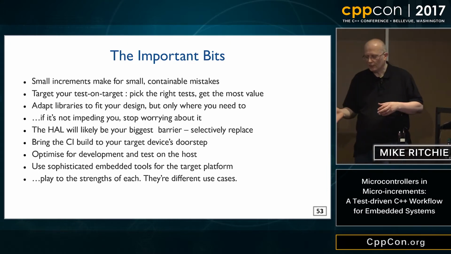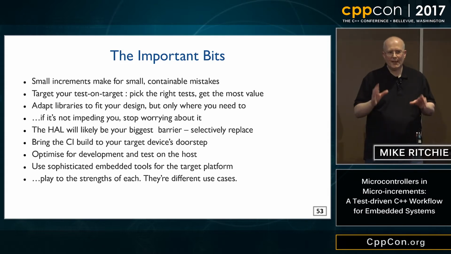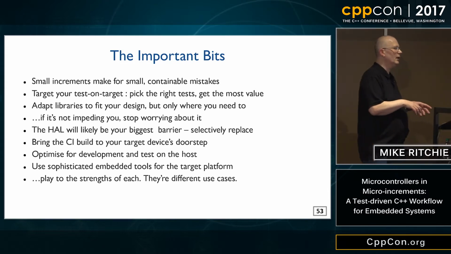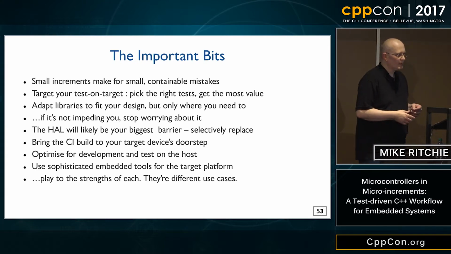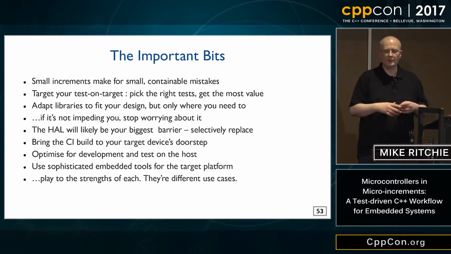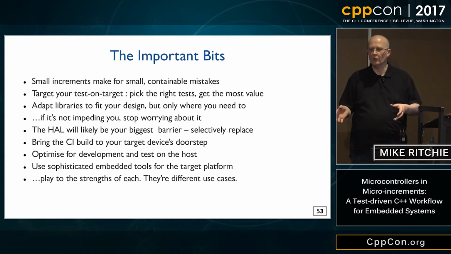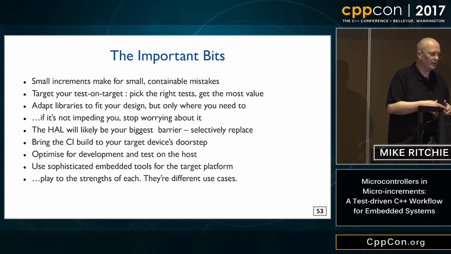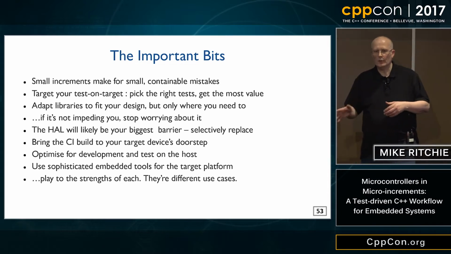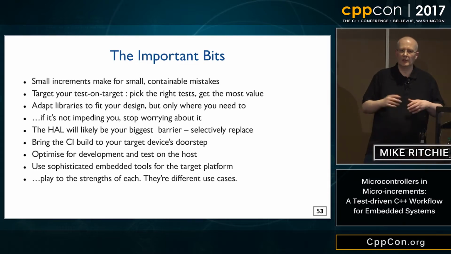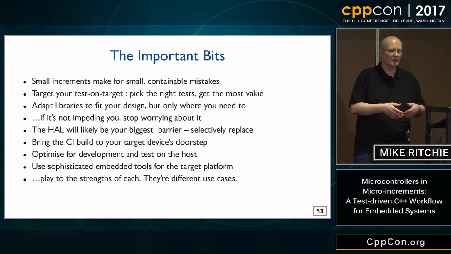And like I did with the RTOS create task there, adapt to fit your model, but don't try and boil the ocean. Don't try and build an OO framework for something that's just intrinsically never going to be OO. I see a few attempts at that, and it doesn't really look like a good policy. And if it's not impeding you, stop worrying about it. Don't even stub it. Unless it's failing to link, just put it out of your head.